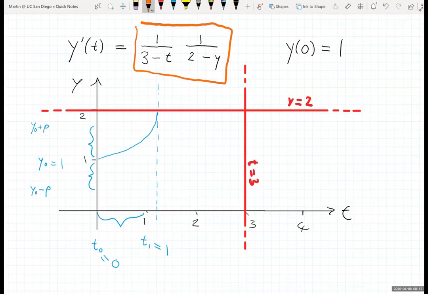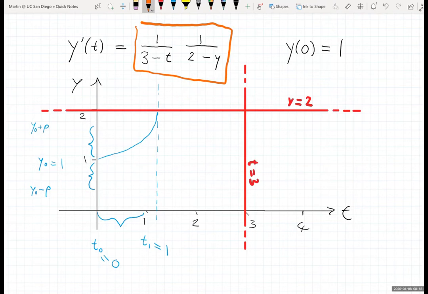So in this ty coordinate system, I've indicated in red the areas where the right-hand side is not defined. So we have got the t equals 3 axis and the y equal 2 axis. Okay, so the function f of t and y is not defined in this red area.